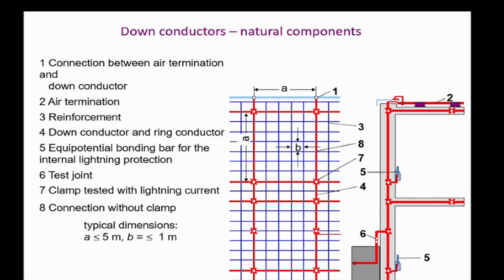So you can't see these tapes from outside. They are together with the steel reinforcement, and then you use it as the down conductor system. Now the advantage is you are having a separate down conducting system in addition to the steel reinforcement.